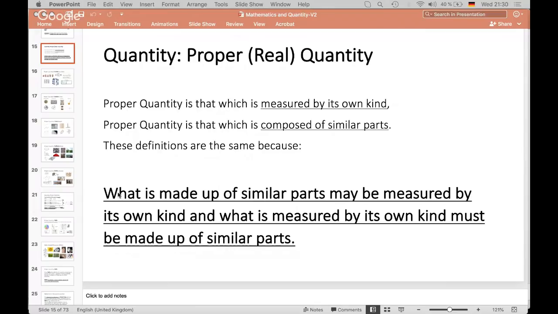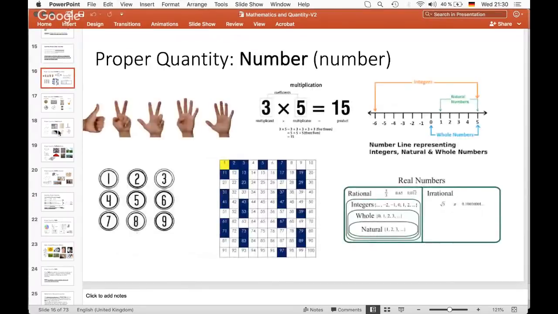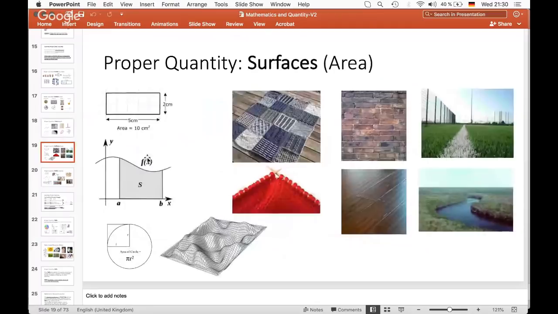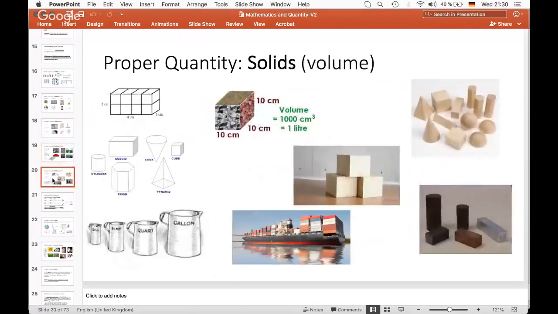Yeah. So if people really think about that one sentence, then they can start to understand that when Euclid, for example, starts to define what a line is, we can see lines everywhere in nature. We can see surfaces everywhere in nature, right? And we can see volumes everywhere in nature.